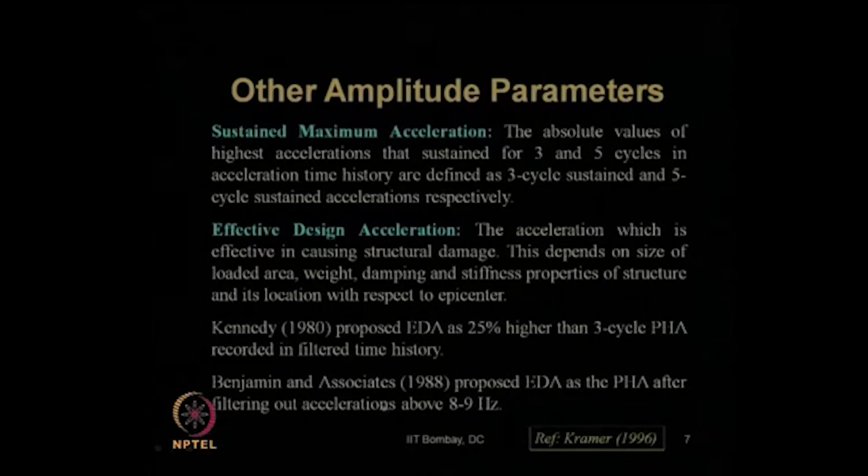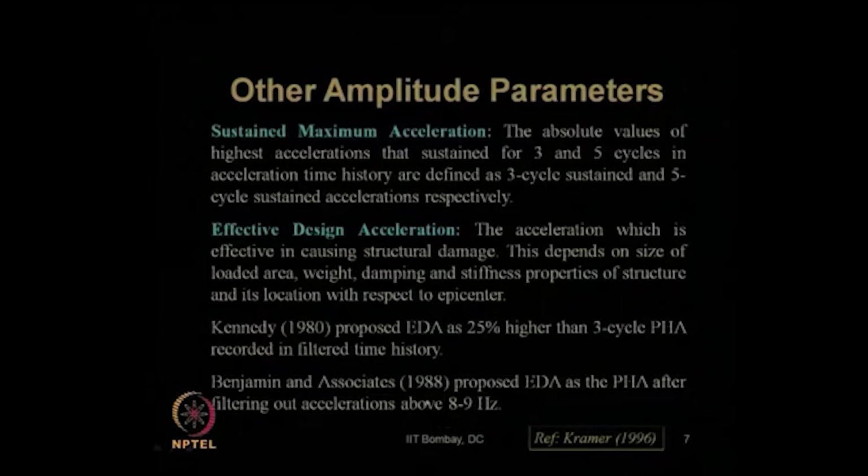And Benjamin and Associates in 1988 proposed EDA as the PHA after filtering out accelerations above 8 to 9 hertz. That is, you should not take any accelerations having a frequency of more than 9 hertz.